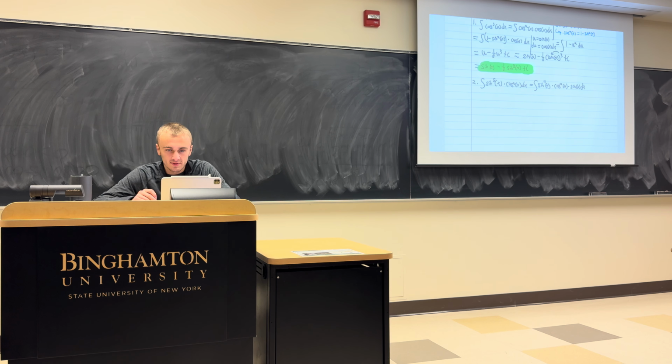Now we're going to use the same identity as before, and that's that sine squared of x equals 1 minus cos squared of x. So that's the same principle from before. Then we can rewrite that sine to the 4th as 1 minus cos squared of x, squared.